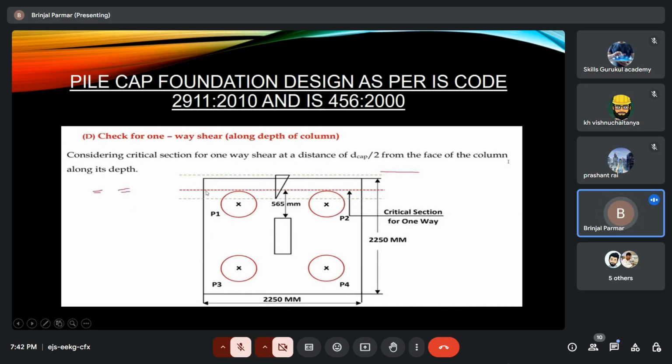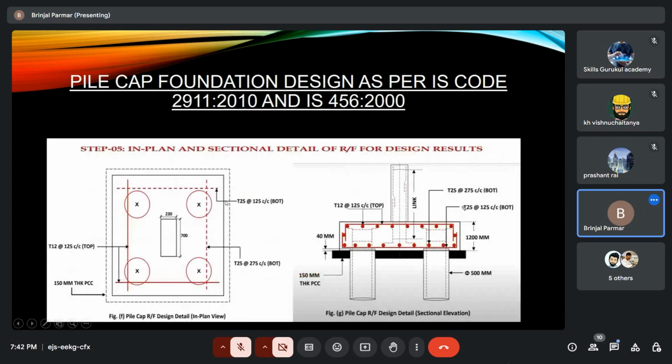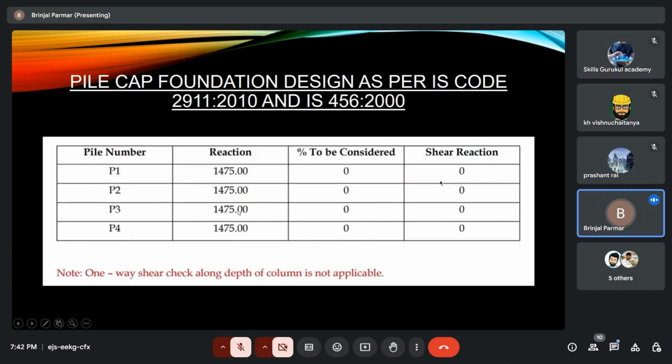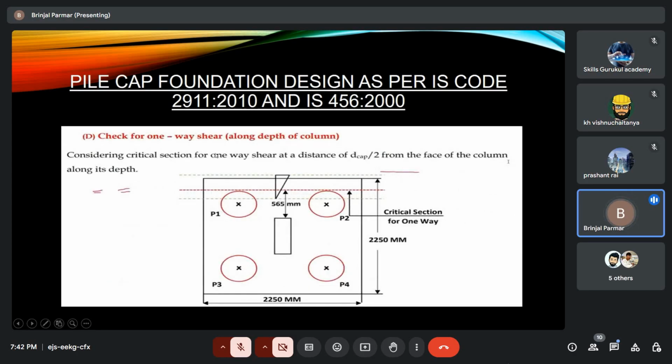Check for one-way shear along depth of column. Considering the critical section for one-way shear at the depth of column, at the face of the column along depth, the critical section and the depth of the pile cap is near the inner side of the critical section.